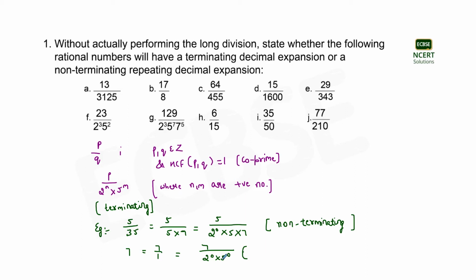As we observe the denominator, we have only the factors 2 and 5, which results in its decimal expansion being a terminating decimal expansion.